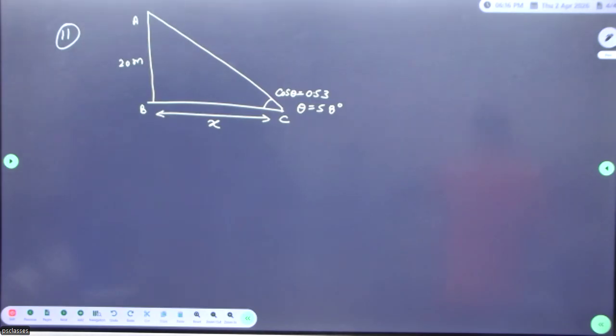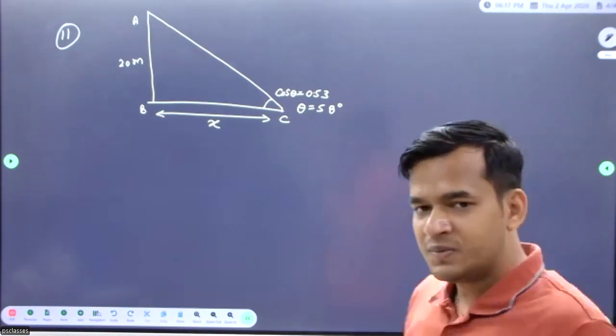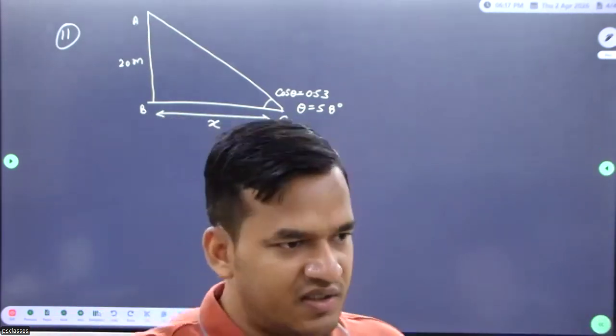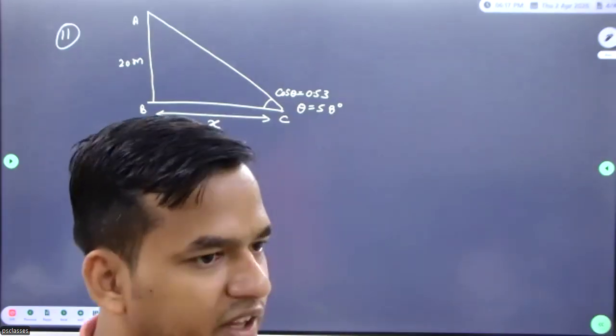The values are constantly decreasing. It started from 1. On this page, the value reaches up to 0.7083 only. Then you go to the next page. You can find it. Here it is at 58 degree, 0.5299. That is 0.53. In case of sine and tan, value increases, but in case of cos, value decreases.